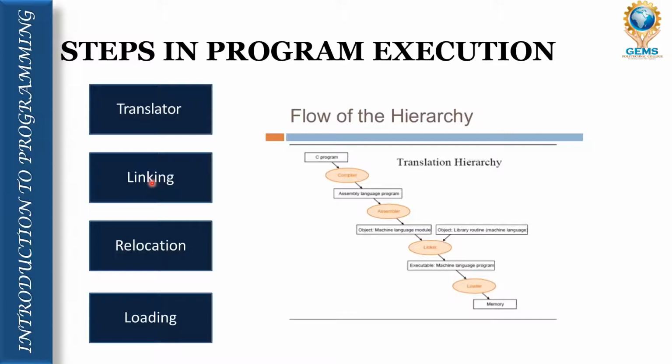Once the program becomes executable, it can be allocated or loaded into memory. Relocation means we allocate space in memory for the program. Once the program is executable, it will be loaded into memory by using the concept of the loader.